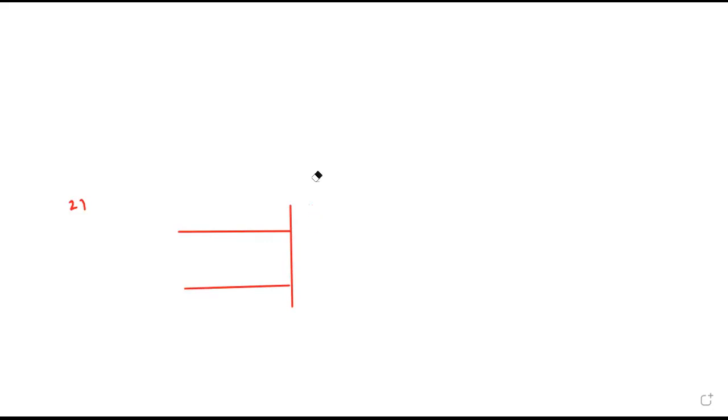On this side it is rarer, and the upper side it becomes denser. So one side will move faster.